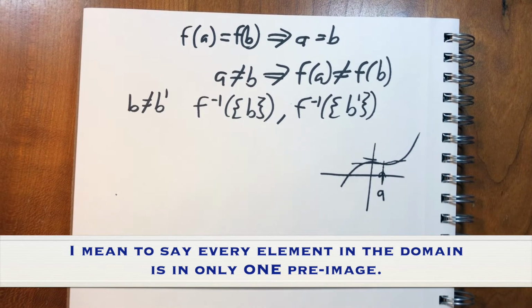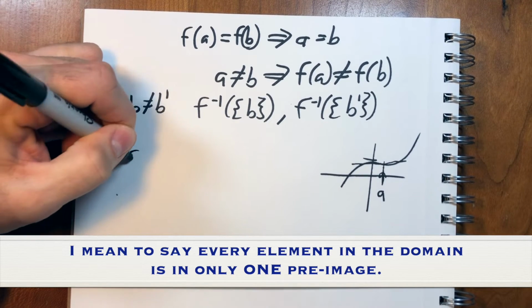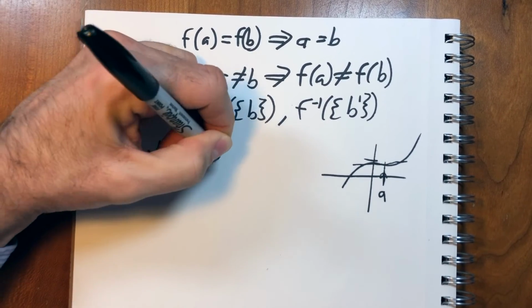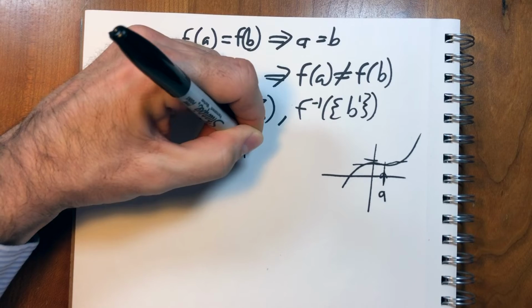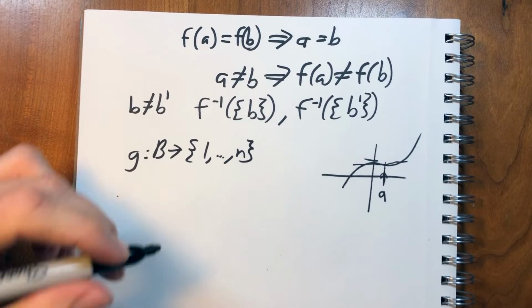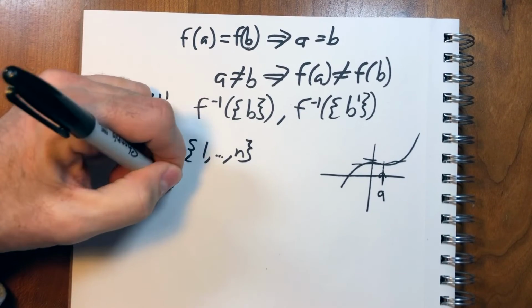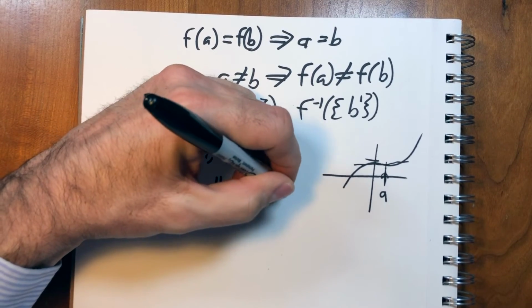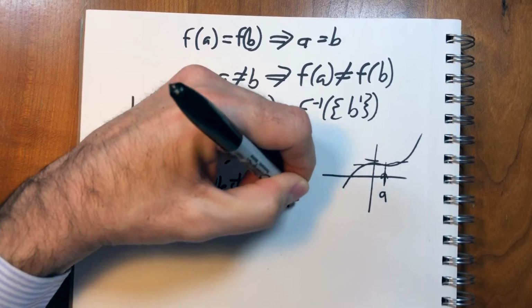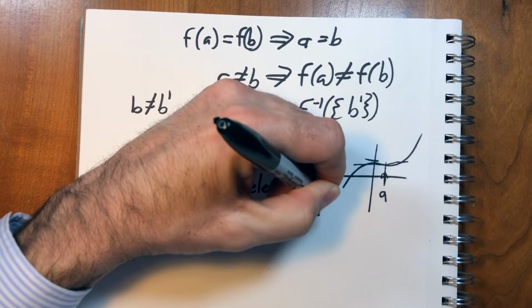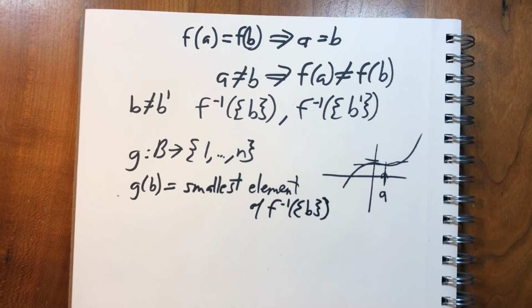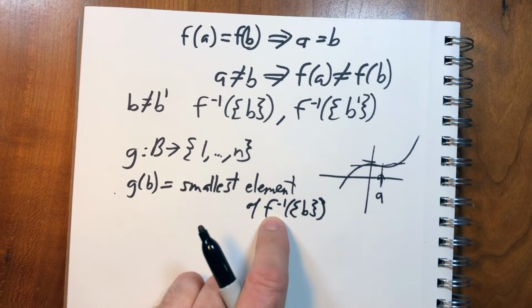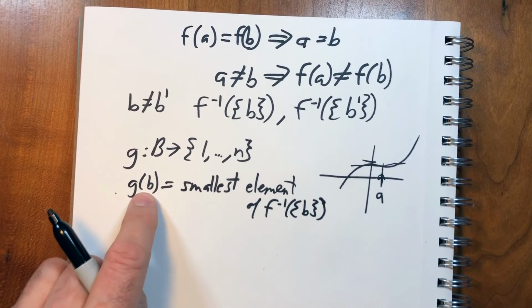And that means that with our function g, remember g is going from B to a section of natural numbers. And for each b, g of b is the smallest element in the pre-image, right? So that means that with g, no two elements of b can map to the same element of 1 to n, because g of b is the smallest element of the pre-image of b.